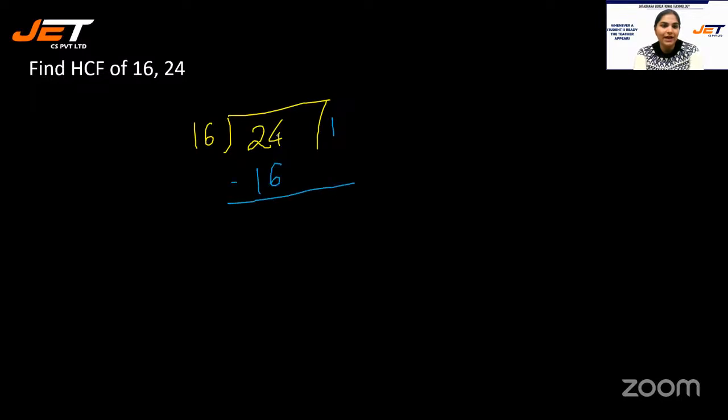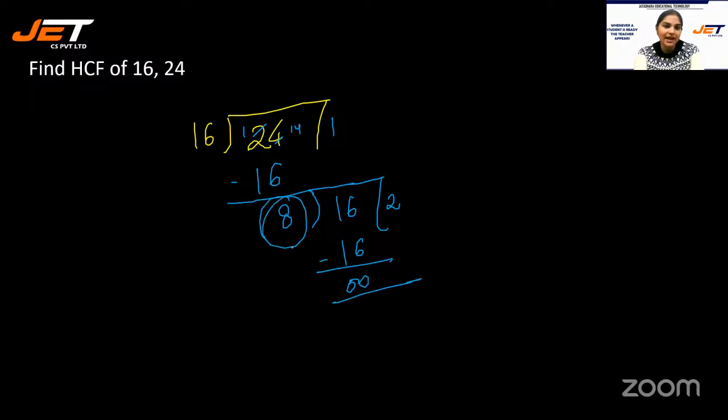Let me subtract. 14 minus 6 is 8. Now 8 is the remainder, but it will become the divisor now, and 16 is the dividend. So 8 times 2 is 16. Here we got 8 as the HCF of 16 and 24, the highest common factor of 16 and 24.